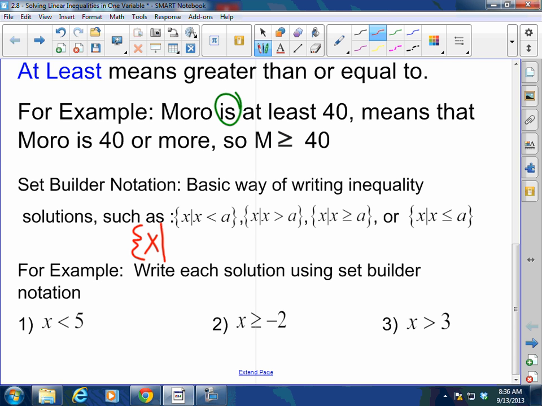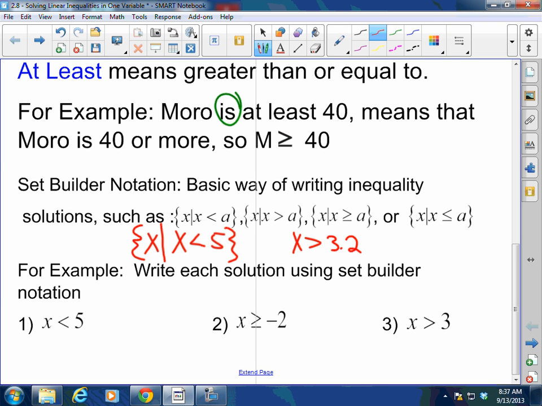And the solution of this x value is, let's just say, for example, x is less than 5. That's the solution set, okay? That's how you do a solution set builder. This is the basic way you do it. So at the end of your equation, you get the following answer: x is greater than 3.2.